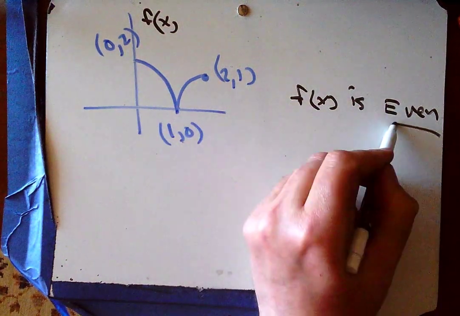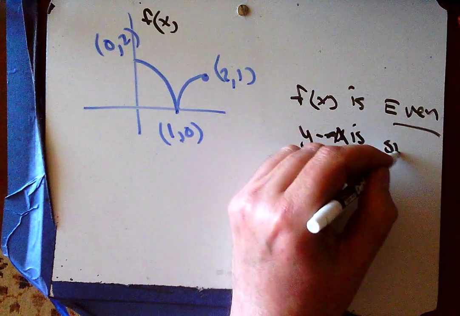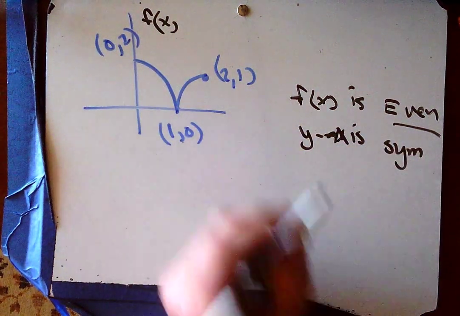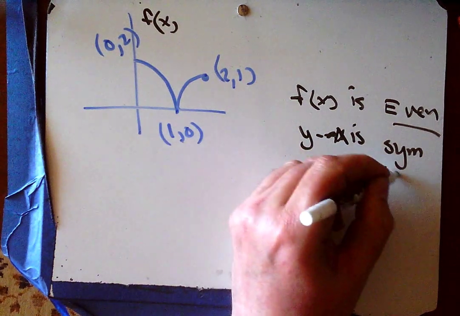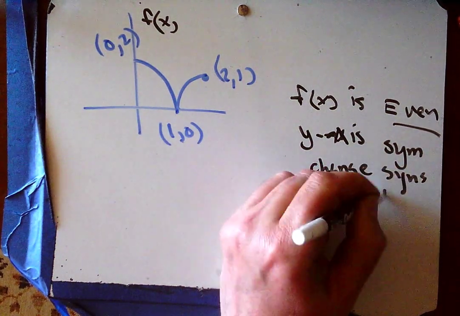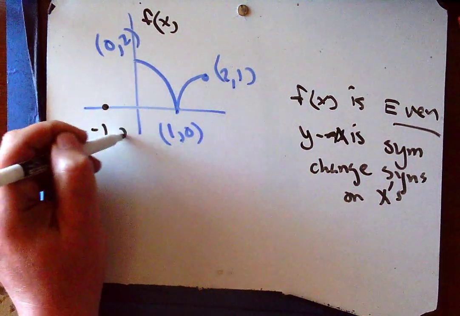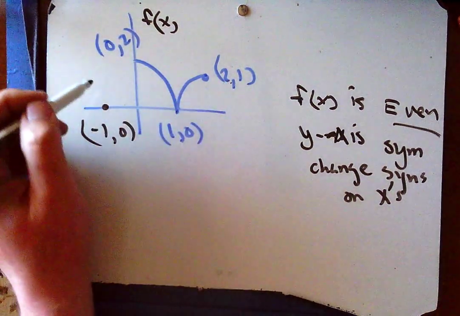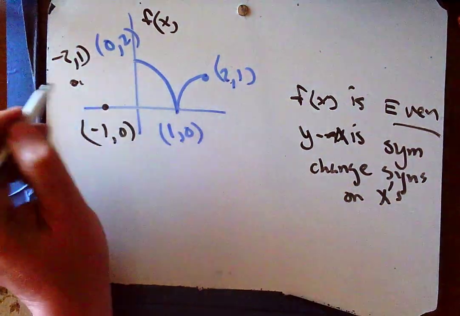That's right, an even function has y-axis symmetry, and we know with y-axis symmetry we change signs on x's. So this becomes negative 1, 0, and this becomes negative 2, 1.